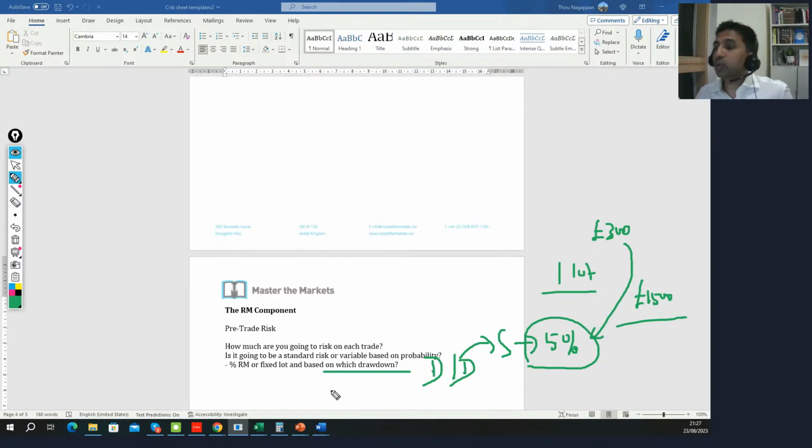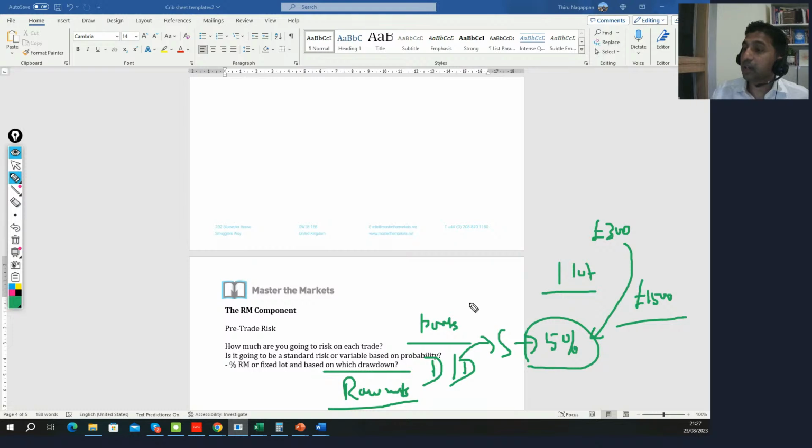Another way to measure it is by the raw units drawdown: by how many pips does your strategy have a maximum drawdown, or points if you're trading indexes or commodities. Whichever that may be, you calculate it in terms of raw units, then convert it and find out what that standard lot size can be for you.